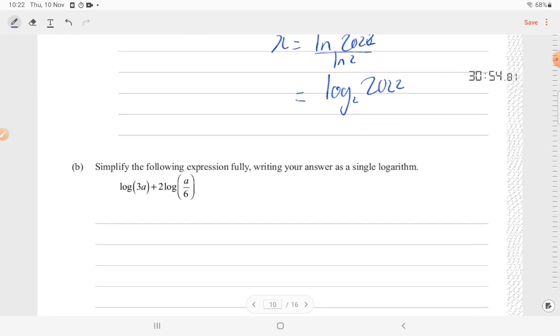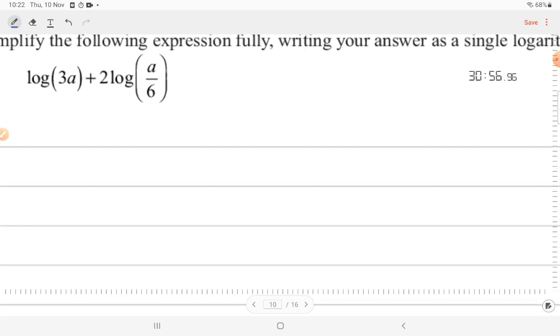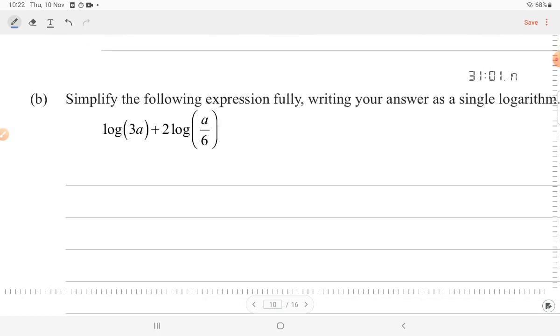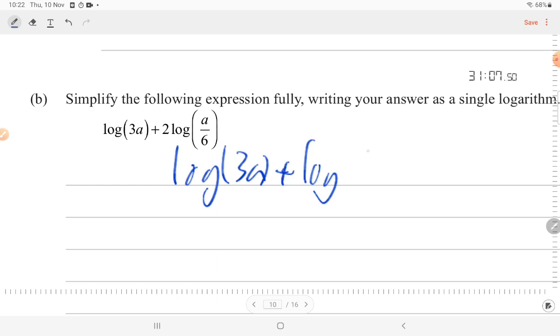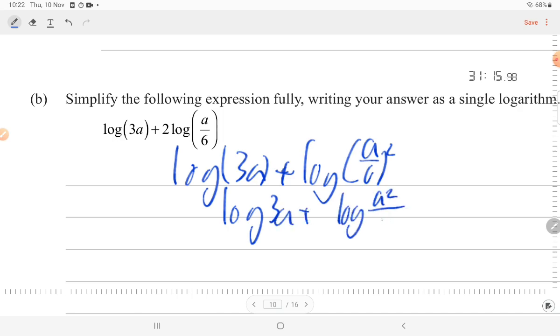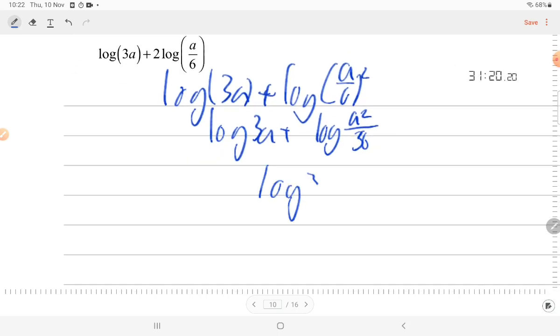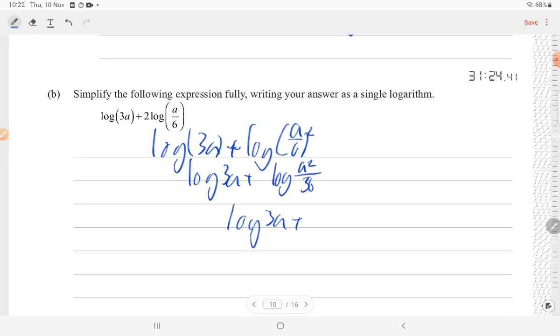Can I just express it? Oh no, I like being pretentious. Log 3a is equal to log plus log of over 6 all squared, plus log 36, log 3a, plus it's a single logarithm.